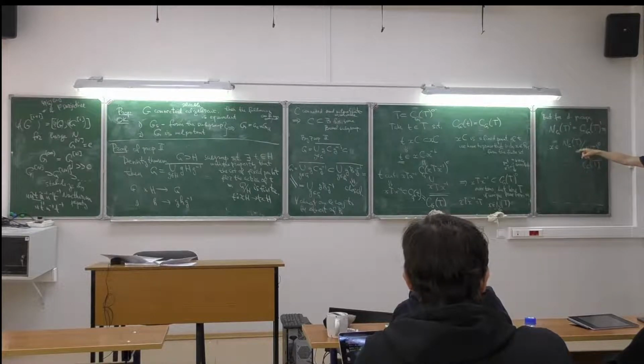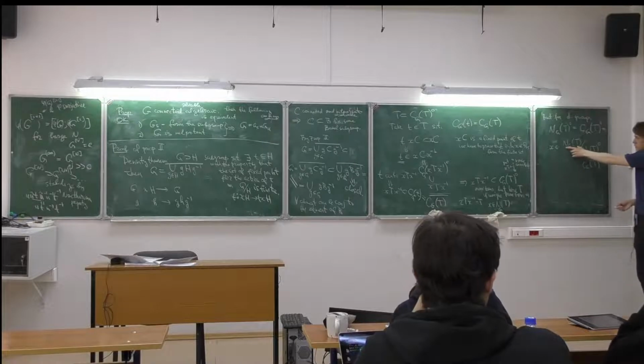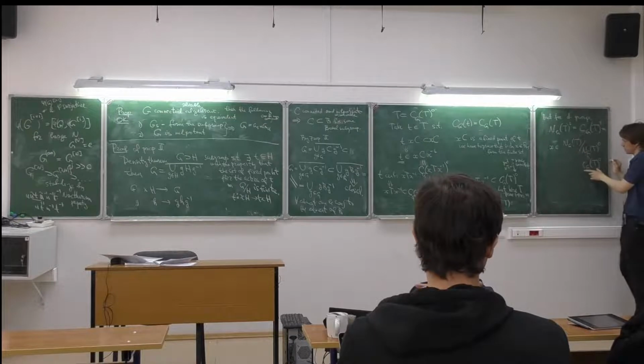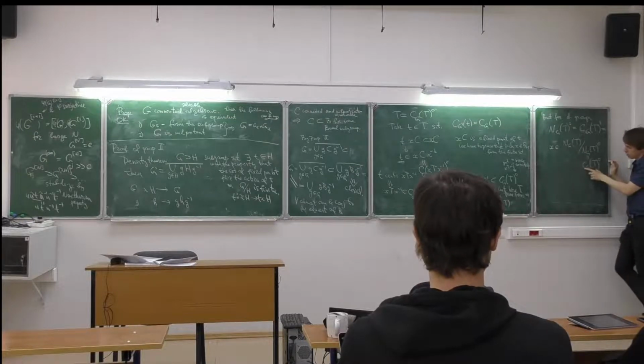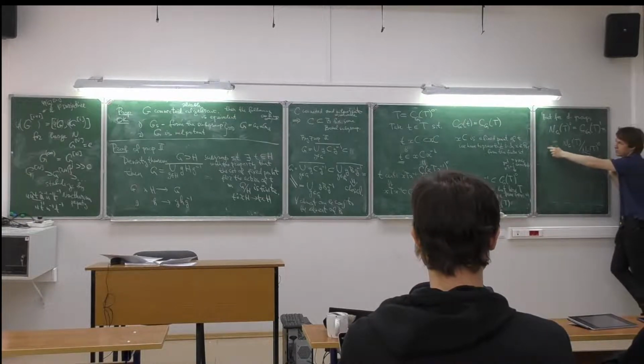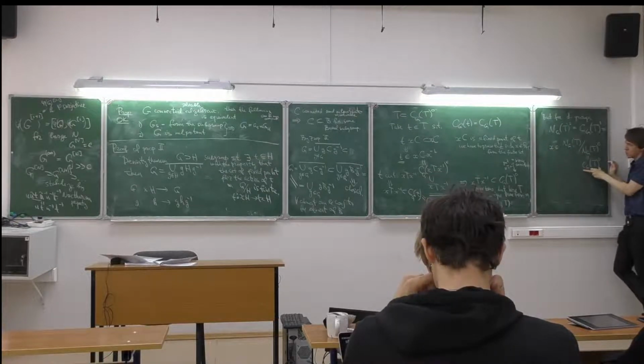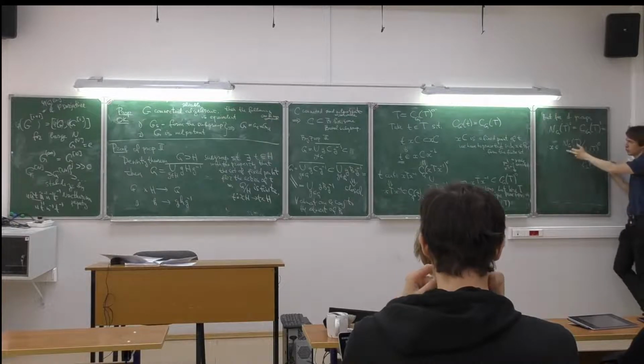So x runs through the components: if you take the normalizer and take it modulo this Cartan subgroup, the different values of x modulo this coset are just the connected components of the normalizer.